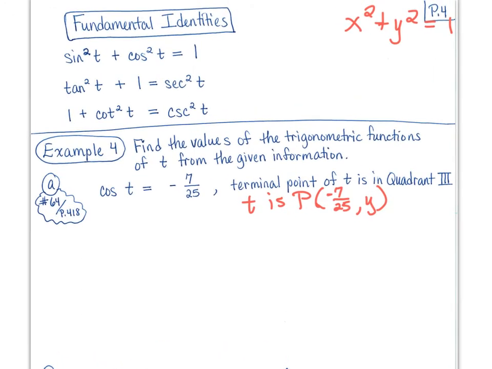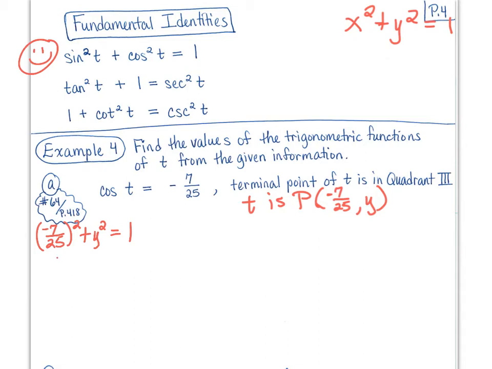Now, using this identity here, we have negative 7 over 25 squared, because we have to find out what y is, right? That y is going to represent what trigonometric function? Sine of t. Good. So we have negative 7 over 25 squared plus y squared is equal to 1.